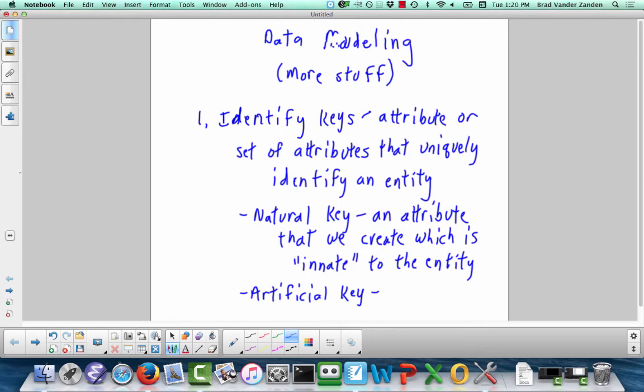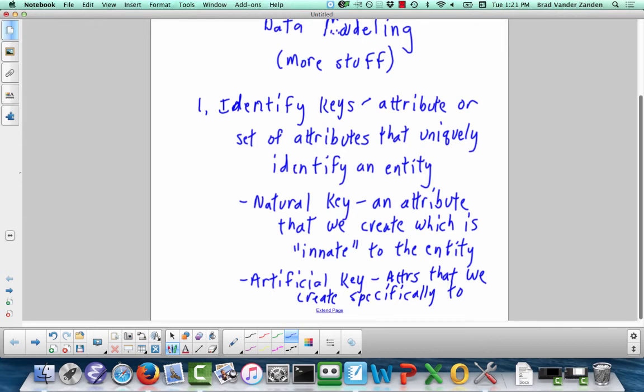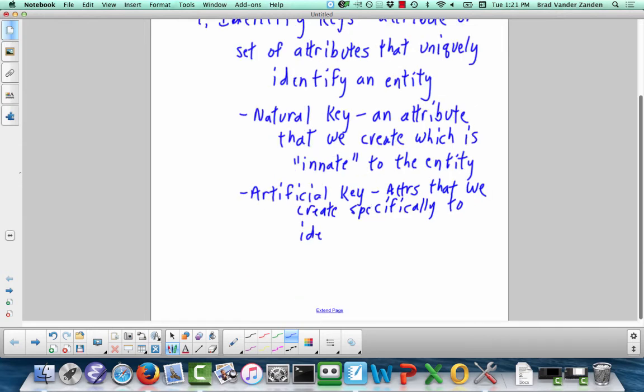Those would be attributes that we create specifically to identify an entity.